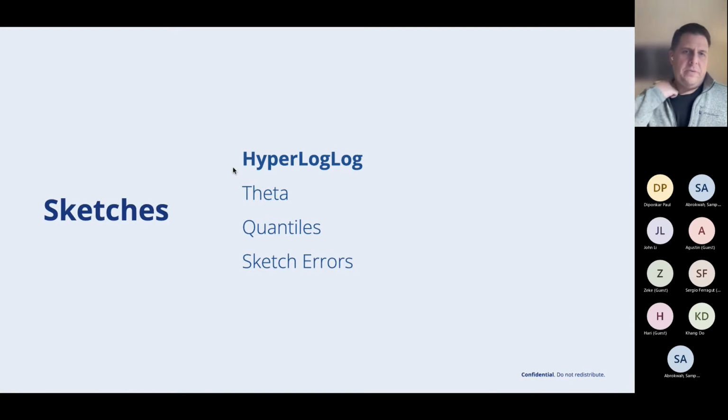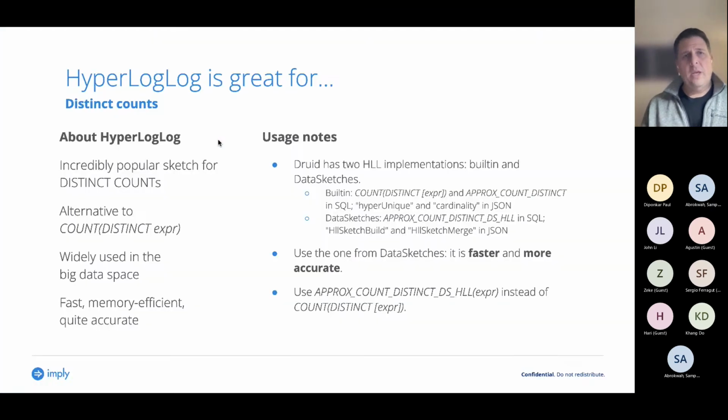Sketches have a few different ways that they're built. Druid exposes a few different types of sketches, and each one of them is valuable for its own use case. The first one, and the one with the longest lineage, is HyperLogLog, or HLL.